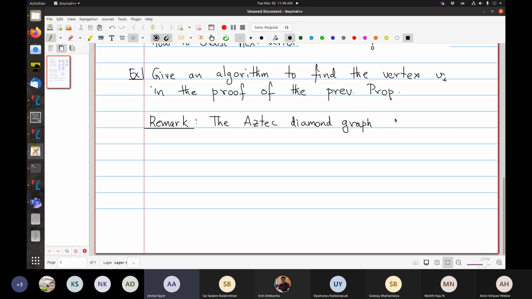Already Gn is used for something else. So let's say G of AZn can be visualized as follows. You really draw diamonds.